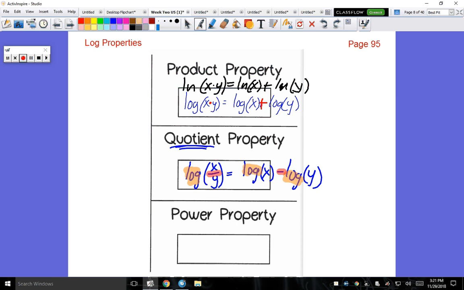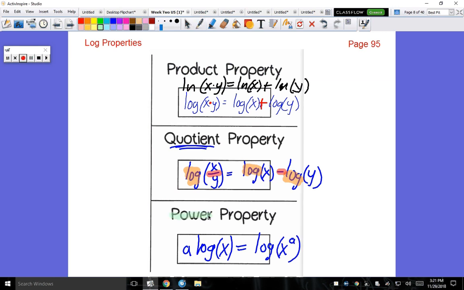And last but not least, if you have a log of x raised to the a power, this is equal to a times log of x.